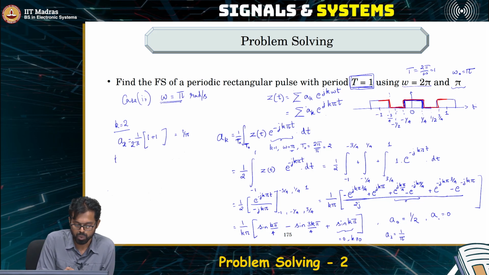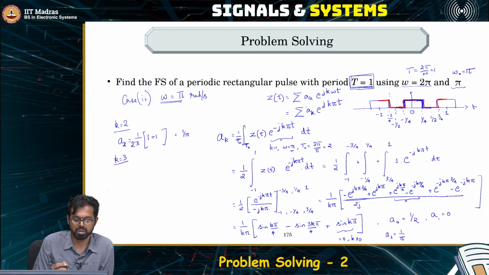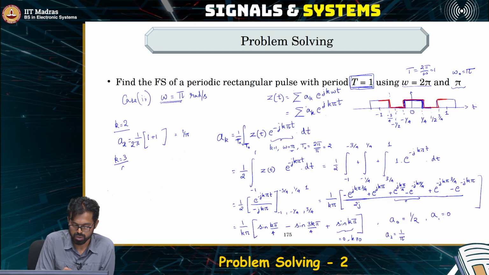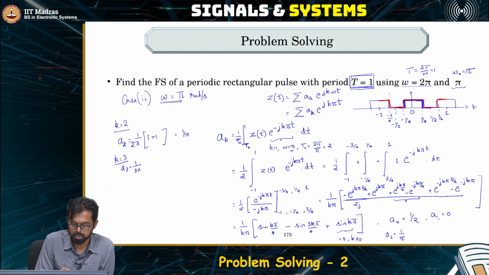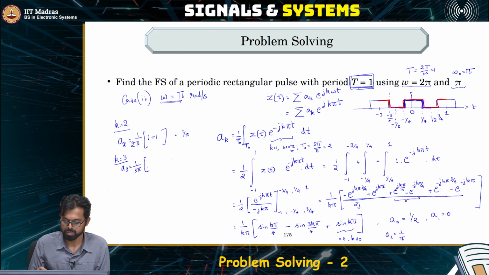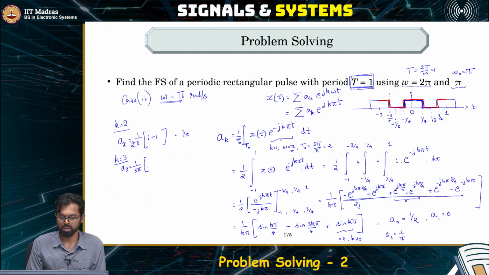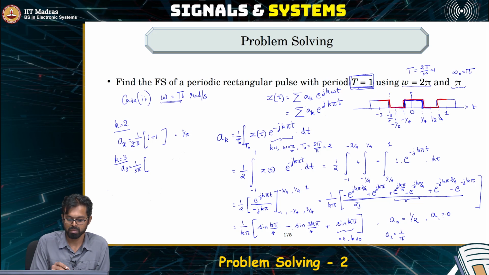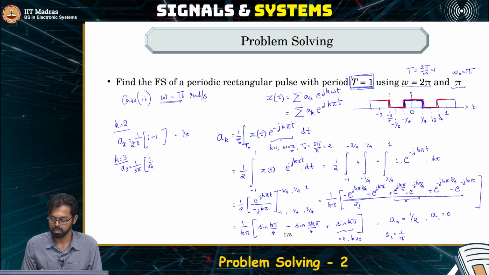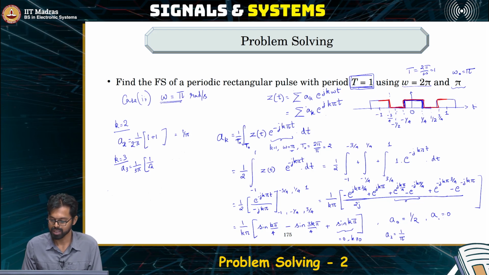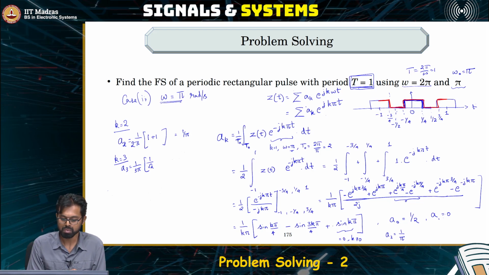Alright, so k equals 3. What happens when k is equal to 3? A3 equals 1 by 3 pi sine 3 pi by 4, first term, which is 1 by root 2, minus sine 9 pi by 4.